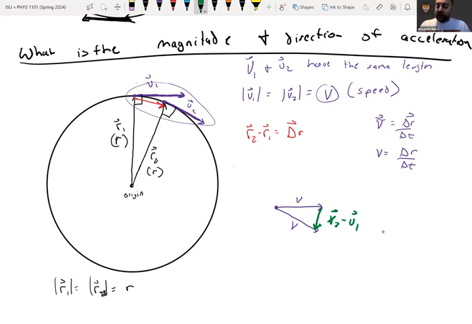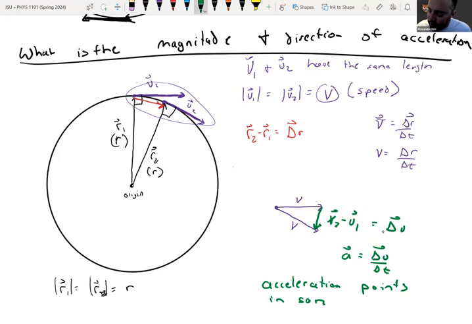As a reminder, this is also delta V, and acceleration is equal to delta V over delta T, which means that acceleration will point in the same direction as delta V.